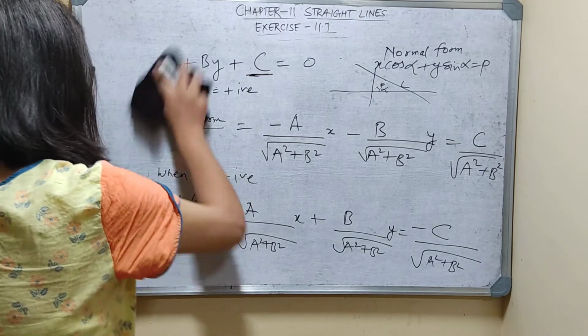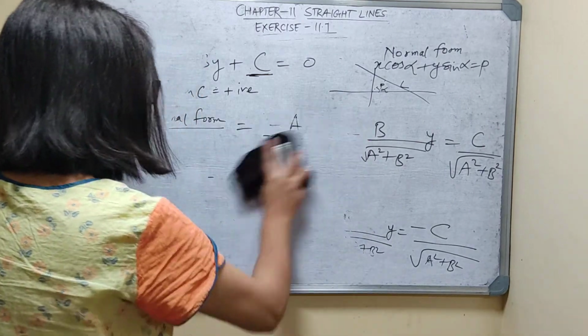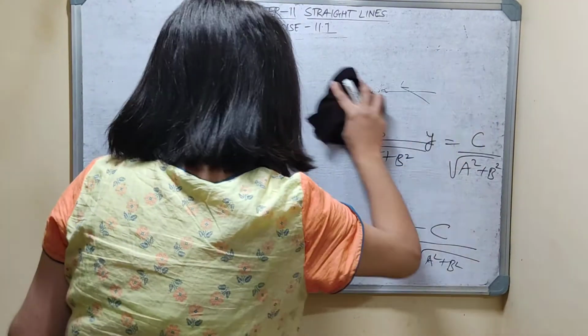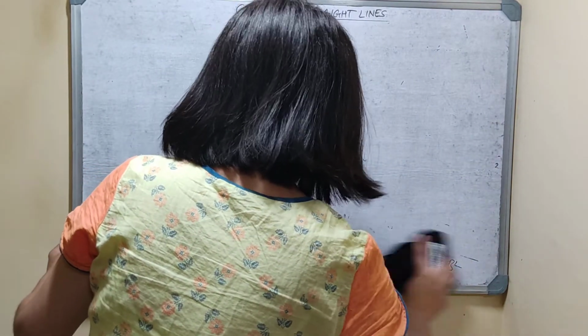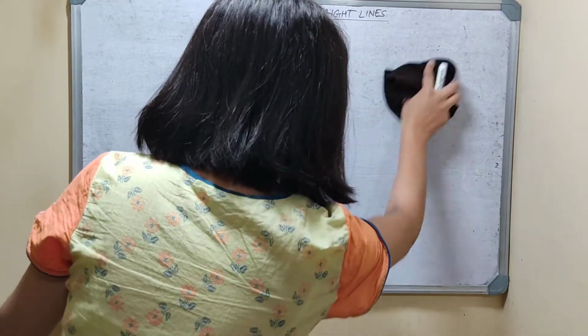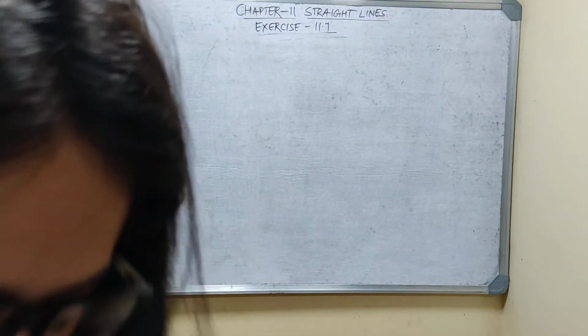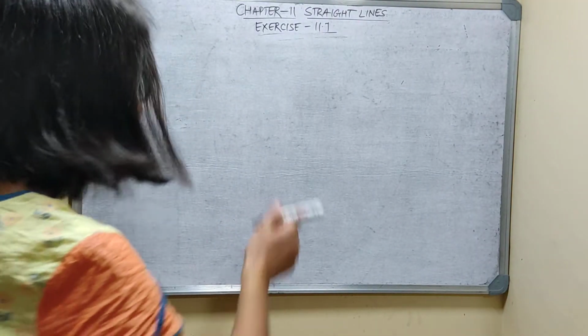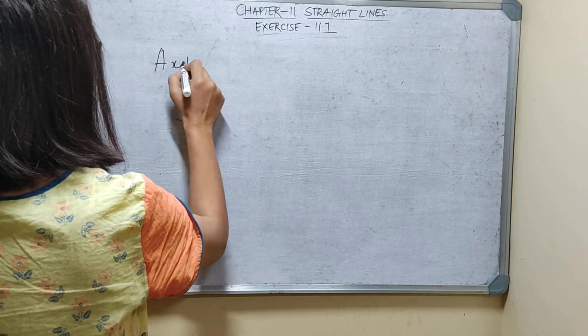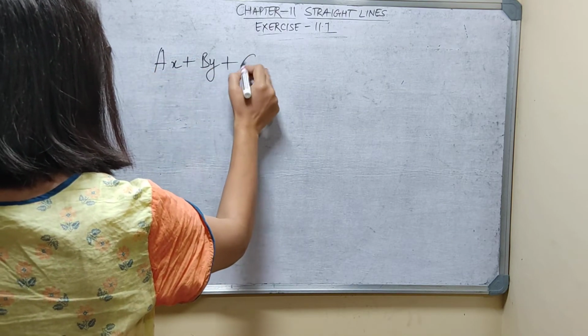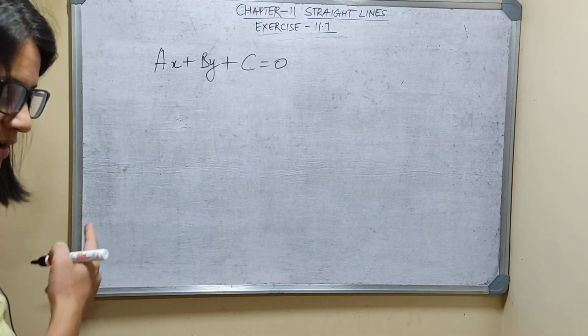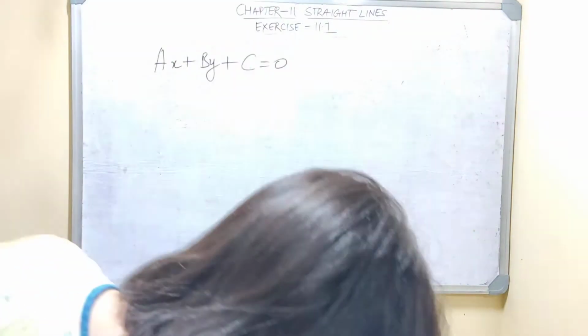Now, one more thing I want to tell you. A small but important concept. This ax plus by plus c is equal to 0 is the general equation of a line.